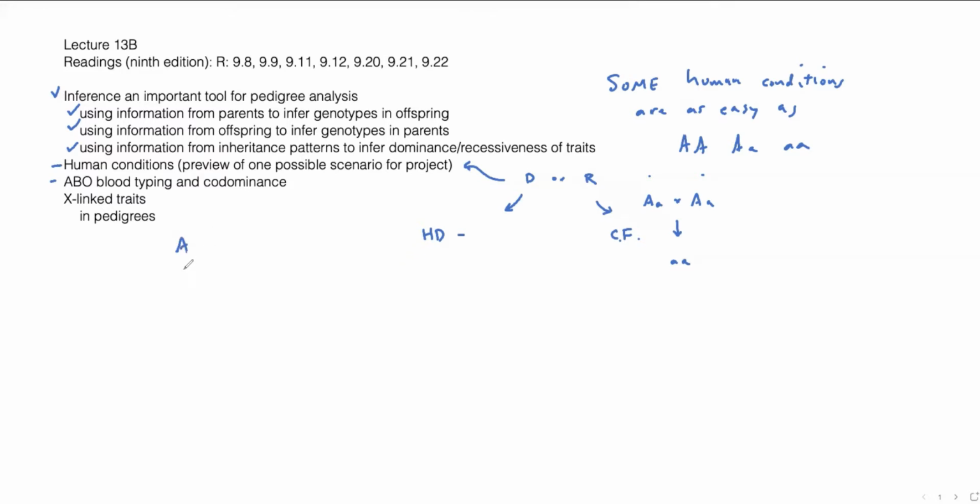You could be type A, type B, type AB, or type O. You also have the Rh factor, which means it could be negative or positive. So you could be A negative or A positive, B negative or B positive, AB negative or AB positive, O negative or O positive. So there are really 8 possible blood types you could have.